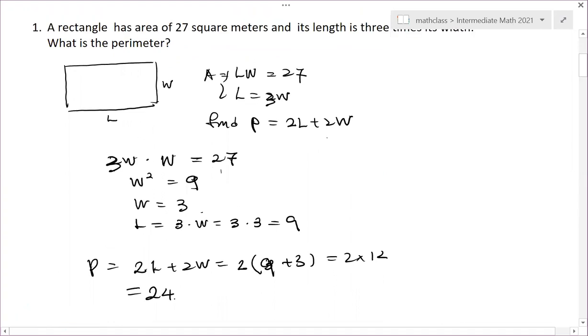And at the end, you write down the answers. If there are units here, then you put the units. If it's square centimeters, then use centimeters. If no units, just leave it. Here there were units, right? So you put the meters, 24 meters. Don't forget the units.